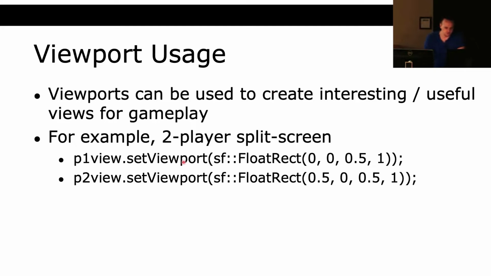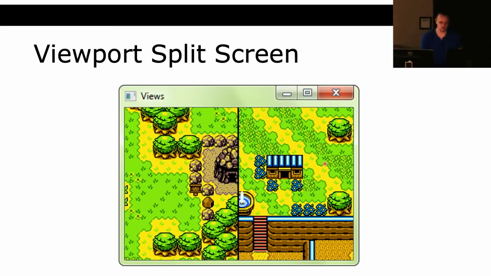So for example, if you want the player 1 view, so that maybe is just centered on player 1, and if you want player 2 to be centered on player 2, you could have player 1 be 0, 0. So player 1 is going to start in the top left corner and go half the way over and all the way down. So you could have split screen be horizontal or vertical, right? In this way, we've done it horizontally.